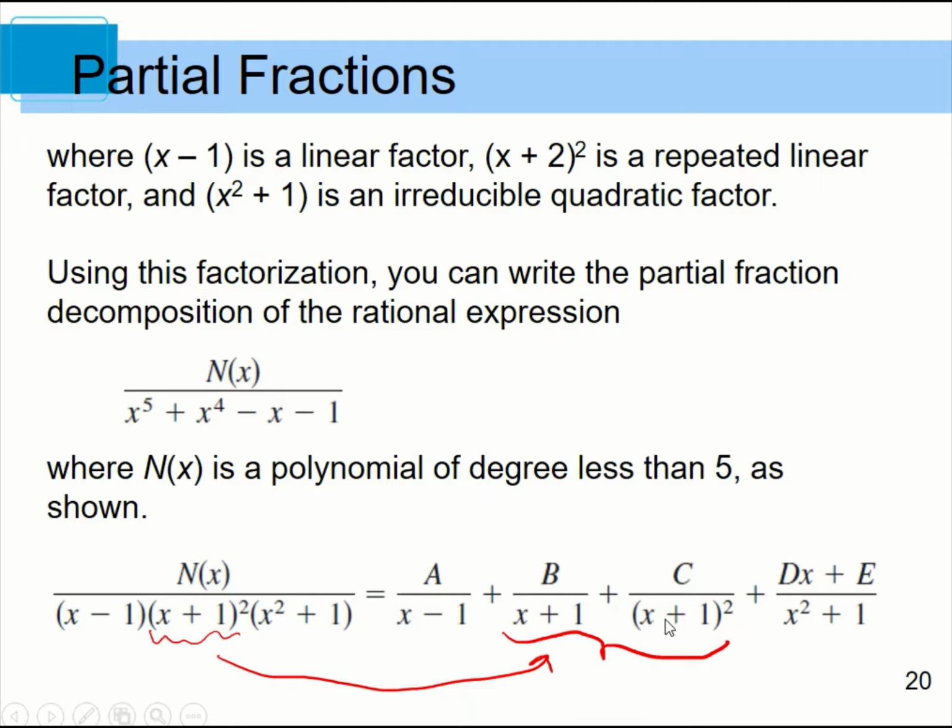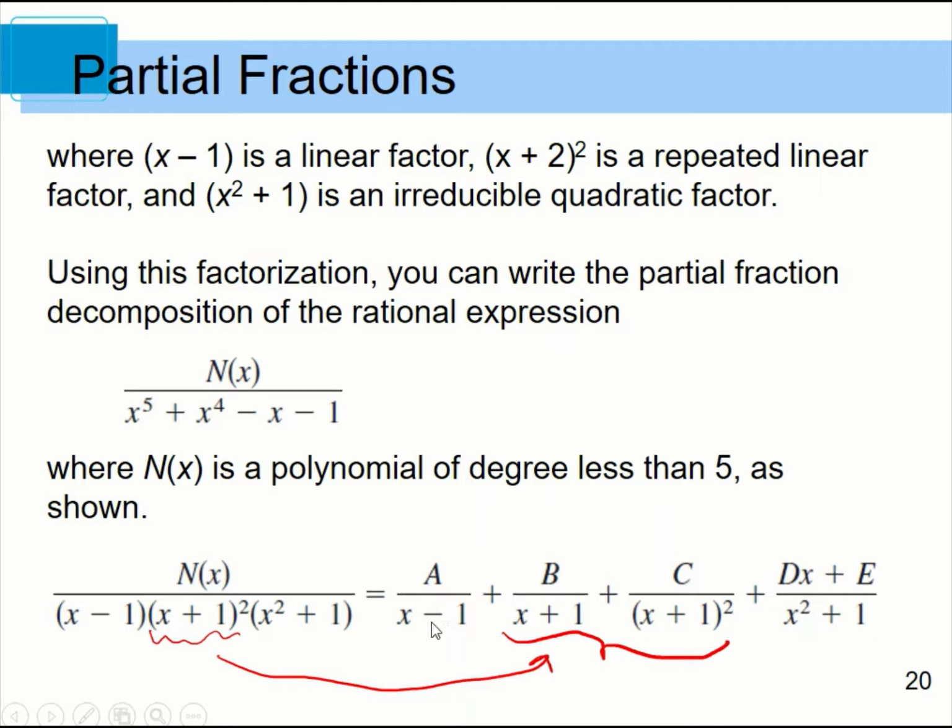As for x minus 1, of course, we have a over x minus 1. And for x squared plus 1, since this is x squared, the numerator has to be dx plus e, one degree less than x squared. So this is the partial fraction.